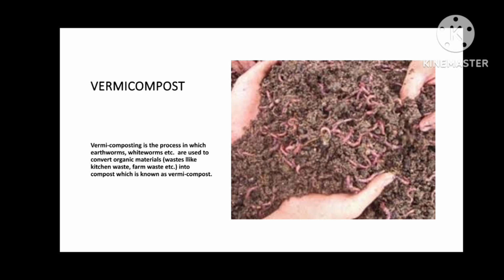compost. When earthworms or white worms, the red worms are added to the compost, this compost gets converted into vermicompost. Vermicompost is more beneficial in comparison to compost. It can be added to the soil to make the soil fertile.